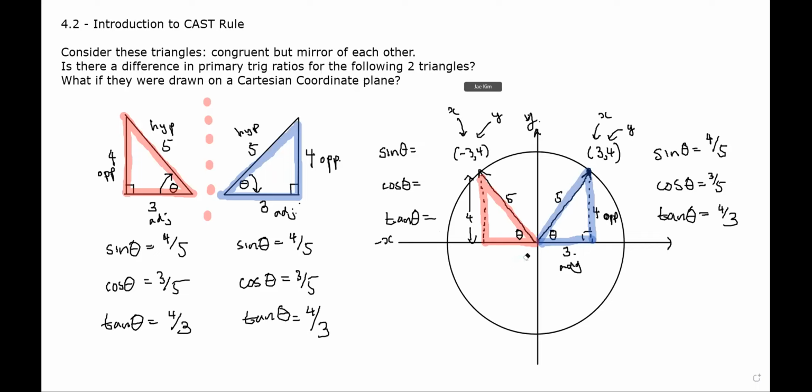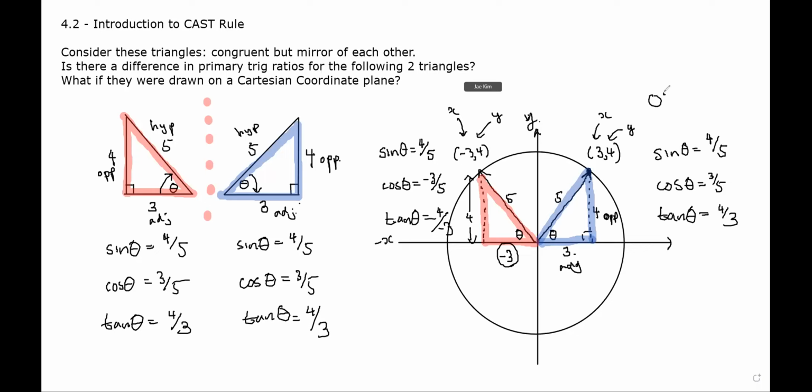But if we're talking about coordinates here, and we're talking about a ratio between the coordinates on a Cartesian plane, the sine, of course, is opposite over hypotenuse, but the cosine is adjacent of -3 over hypotenuse. And the tangent is opposite, a positive 4, over adjacent, -3.